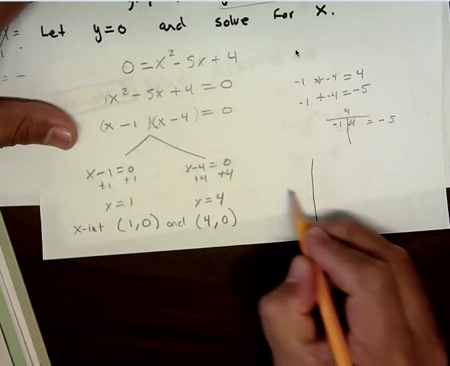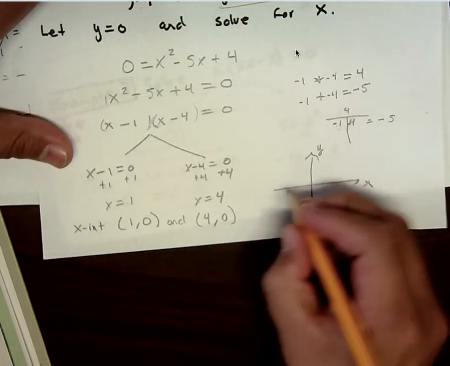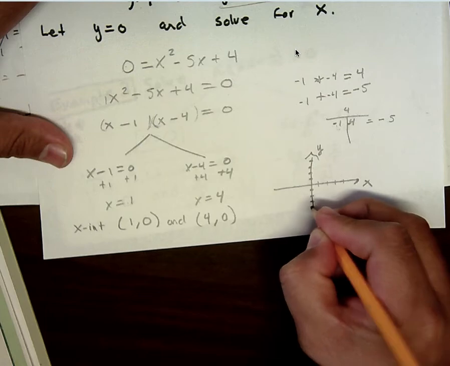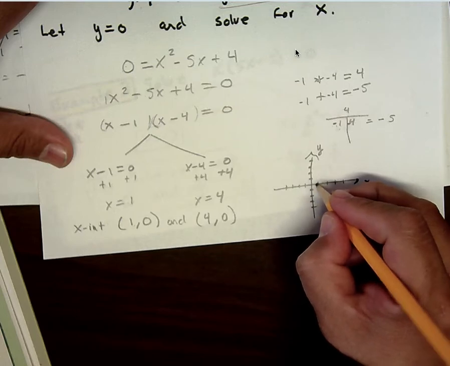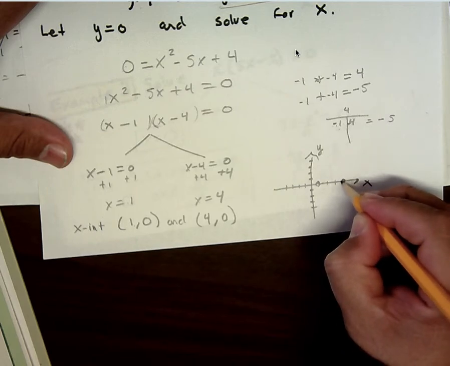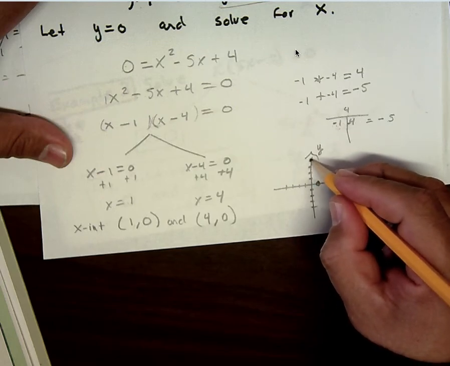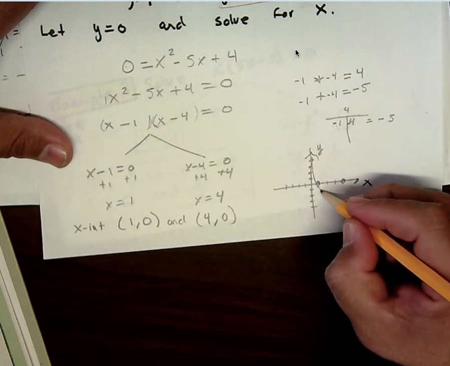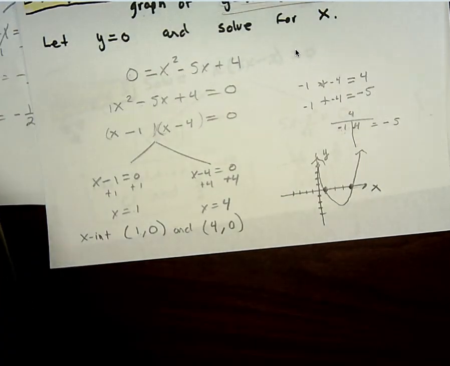If we look at the graph quickly before we finish, this x-intercept would be at (1, 0) and that one would be at (4, 0). And we know it's a positive parabola, so it's just going to touch around here. I don't know what the vertex is because we didn't find it, but that's more or less how it would look. That's it, guys. Thank you.